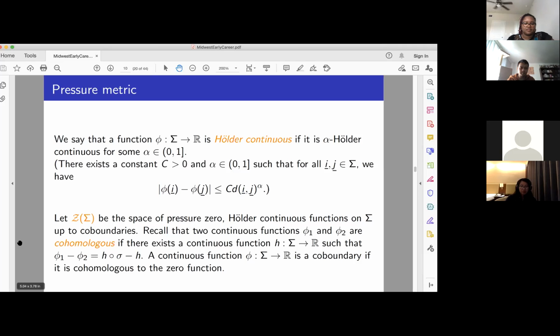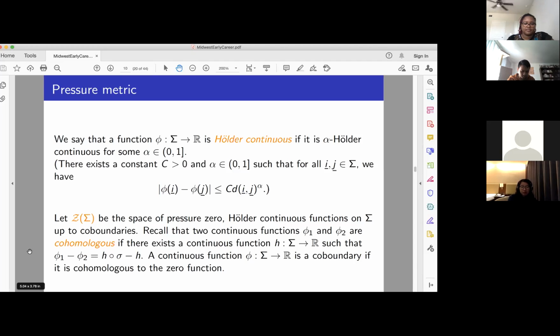Okay, so the equivalence relation is called cohomologous. So if I have two continuous functions, phi1 and phi2, they are cohomologous if there exists another continuous function h from sigma to R, such that phi1 minus phi2 equals h composed with sigma minus h.